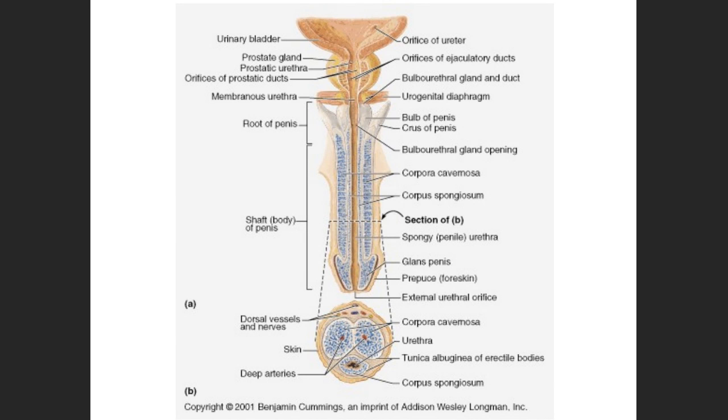So then the blood engorges these vessels, more fluid is leaked out, more fluid engorges the corpus cavernosum, the corpus spongiosum, and that's how I get an erection.